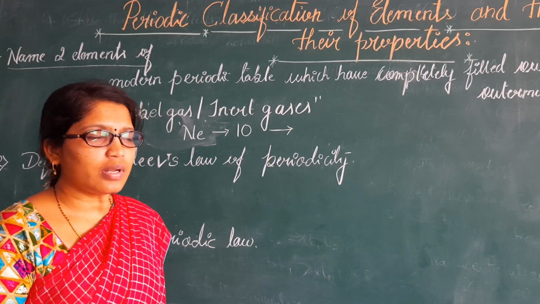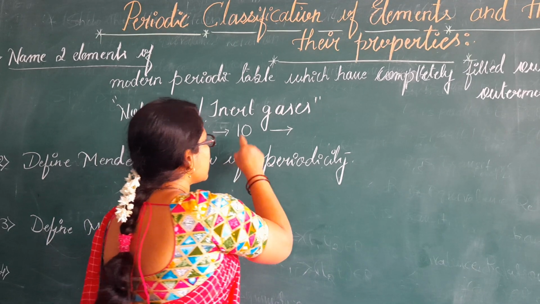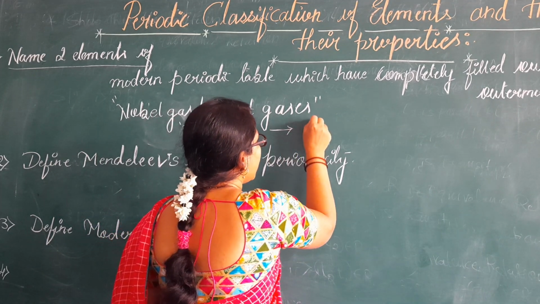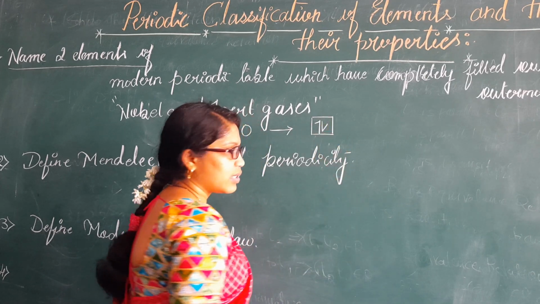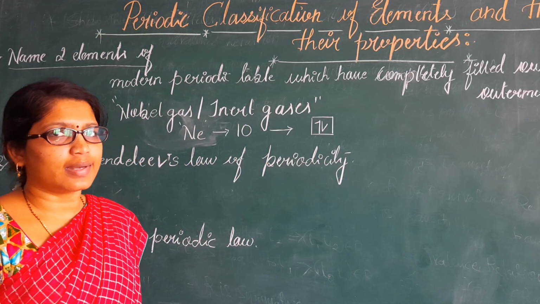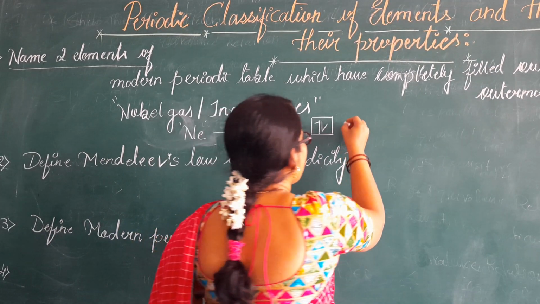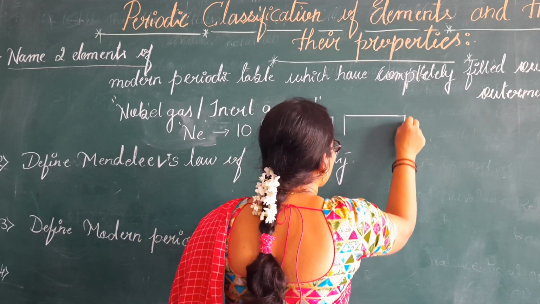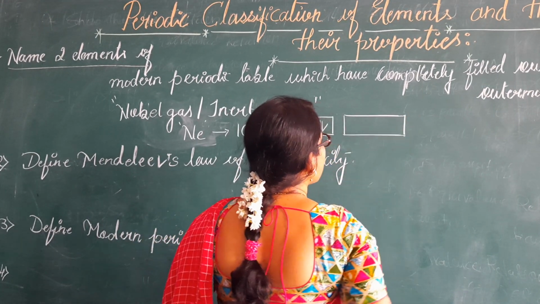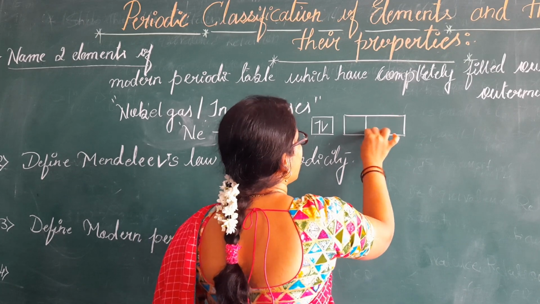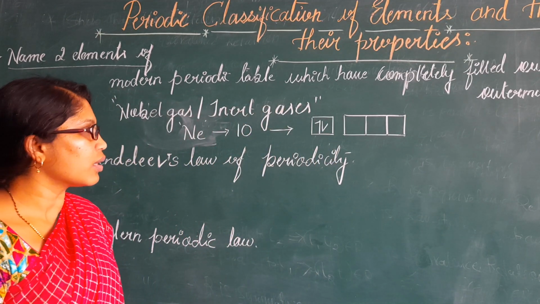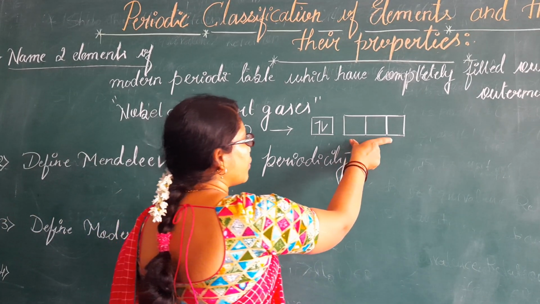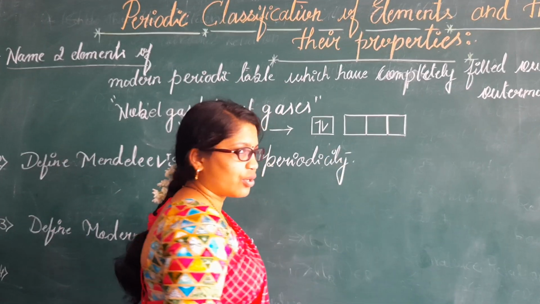Electronic configuration writing part we have already discussed. Neon, how you are going to write? You will be taking 2 electrons in S subshell, that is you can call it as K shell. Then we have next subshell present over here. Next subshell is considered to be L shell, or we can say P block. It has capacity of totally 6 electrons.